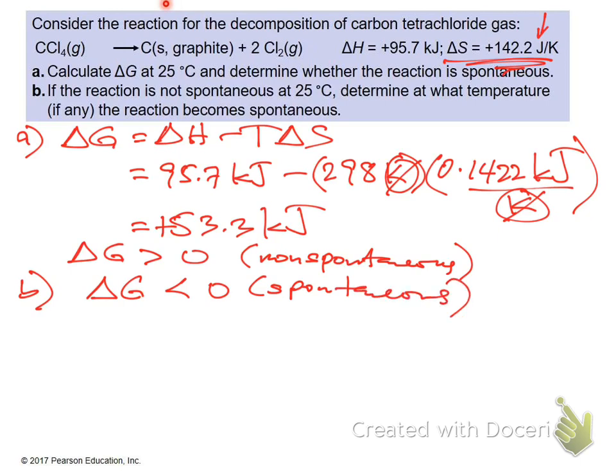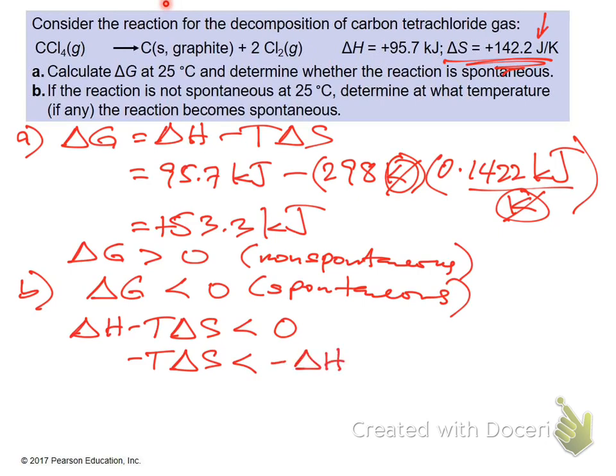All right, and then we just plug this into the equation. So delta H minus T delta S is less than 0. So when this is less than 0, then we have a spontaneous process. But we want to find out what the temperature is, right? So we have to isolate T. So negative T delta S is less than negative delta H here. Okay.